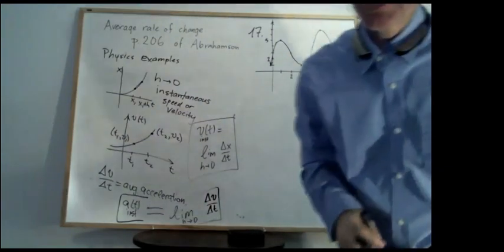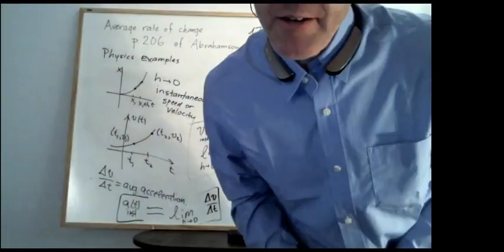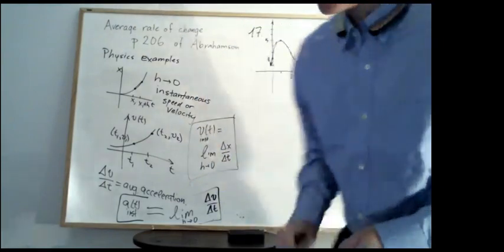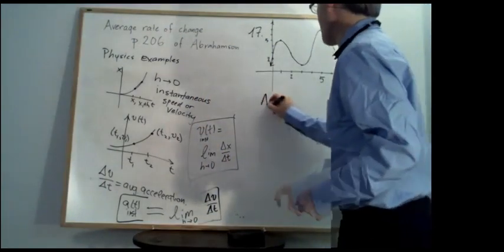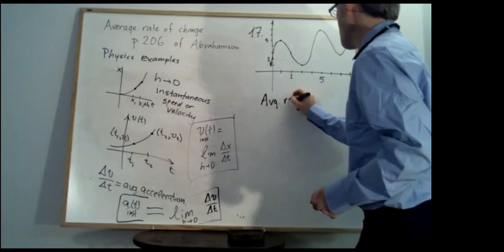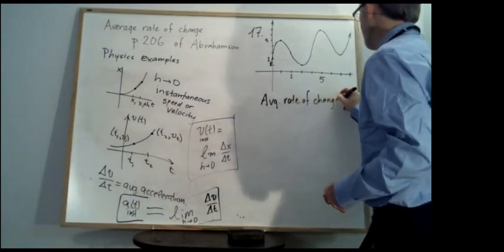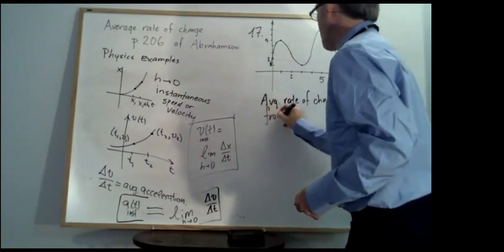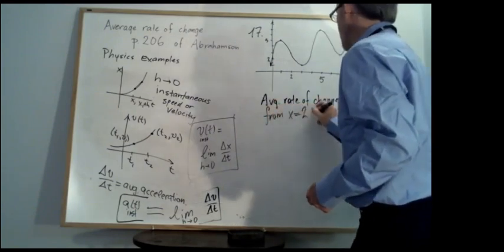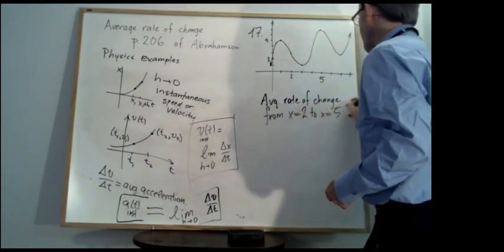Okay, so the question is, estimate the average rate of change from x equals 2 to x equals 5.